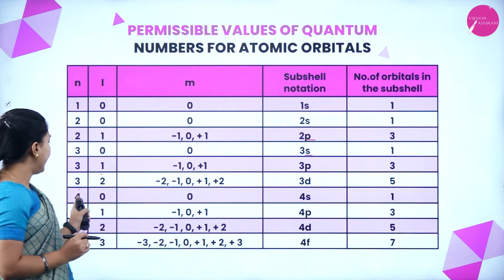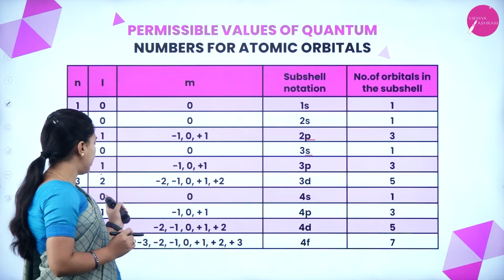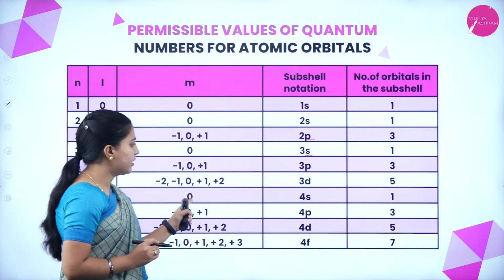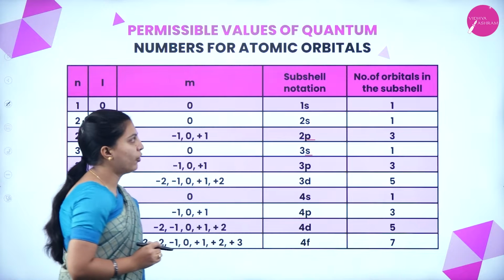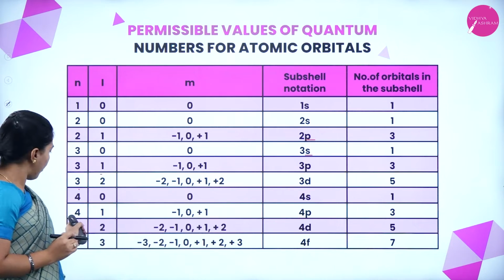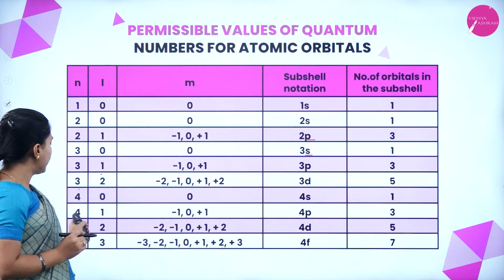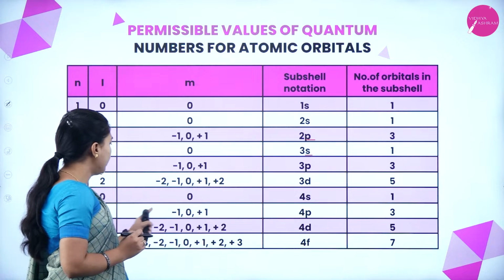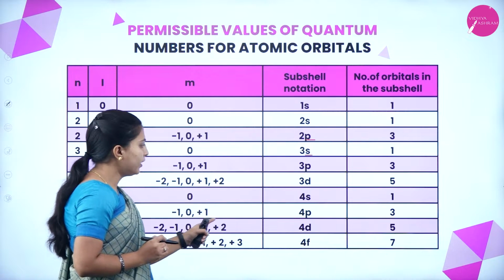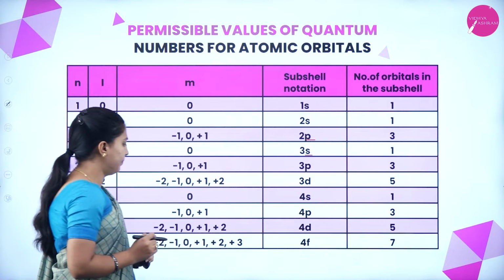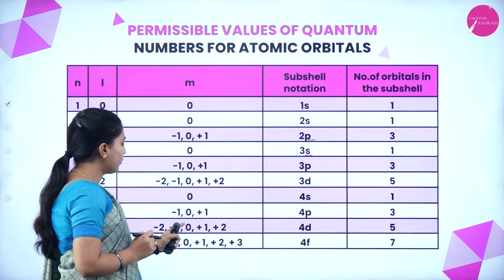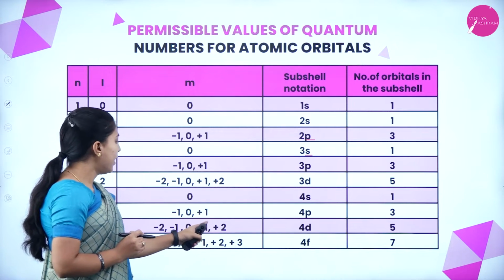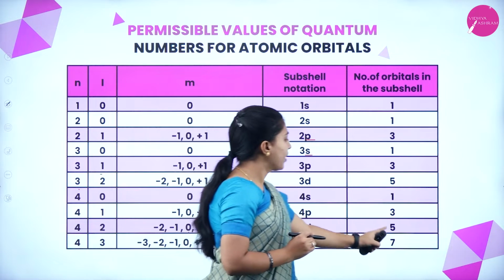When n equals 4, l equals 0, m will be 0, then subshell 4s, number of orbitals will be 1. Similarly, when n equals 4, l equals 1, m is minus 1, 0, plus 1, 4p, 3. When n equals 4, l equals 2, m is minus 2, minus 1, 0, plus 1, plus 2, 4d, 5.